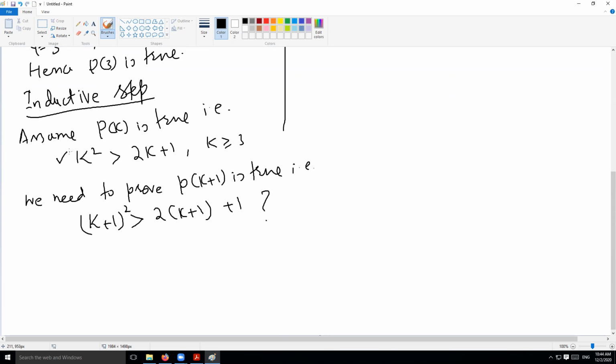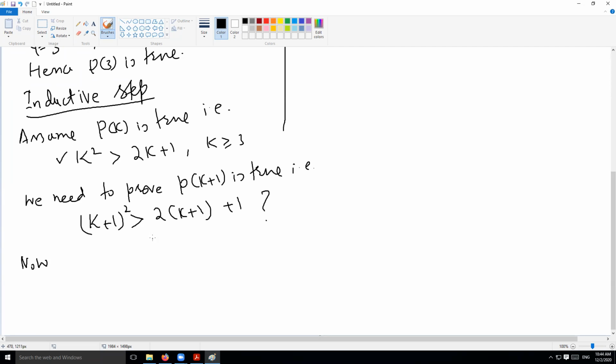So let's prove P of K plus 1. How can I prove it? Any suggestion? From where should we start? This is the inequality that we have to prove.